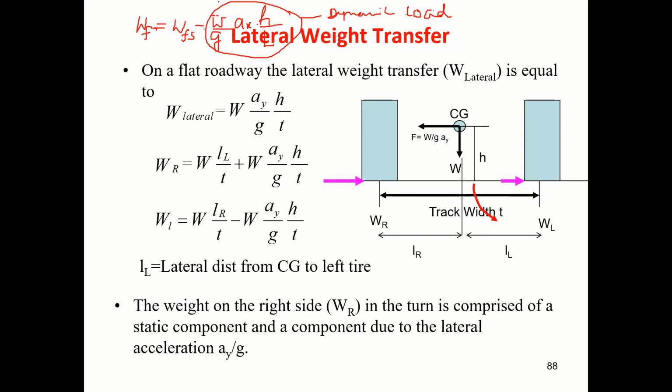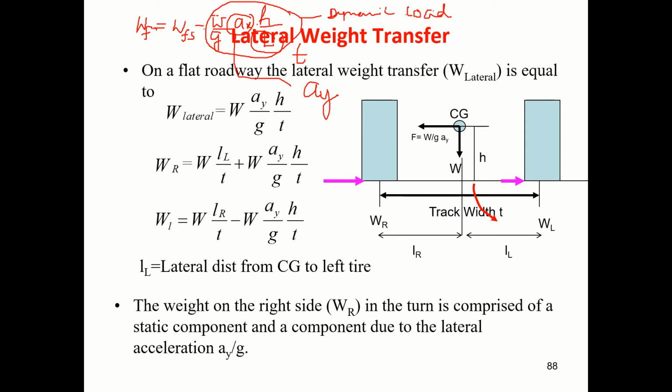Now the question is here, load is transferring from left to right. Instead of wheelbase length, we have wheel track length T. Instead of linear acceleration, let us talk about lateral acceleration.